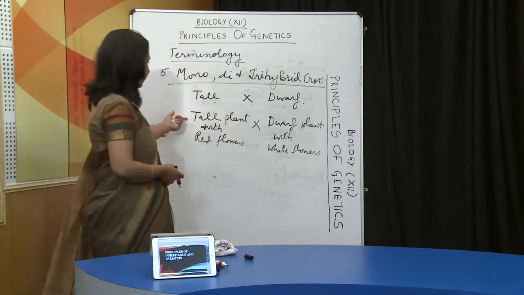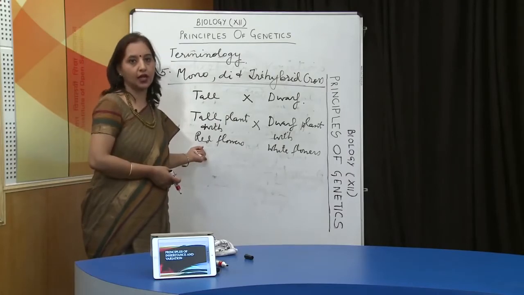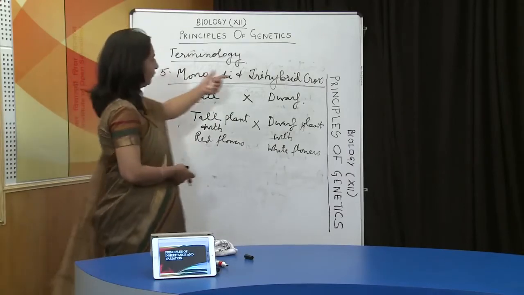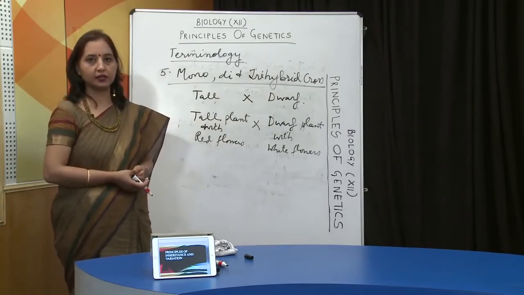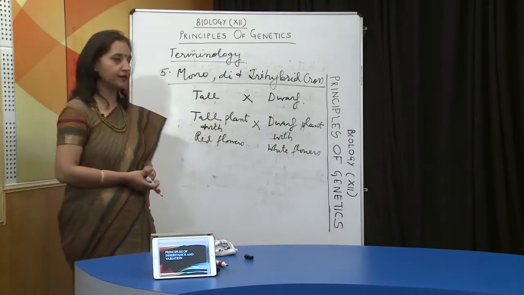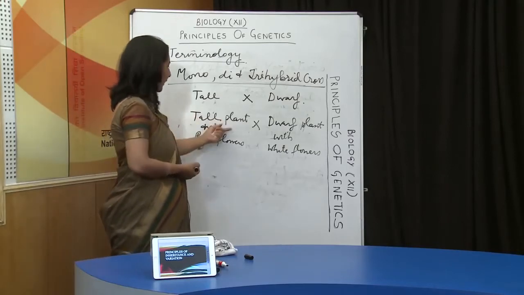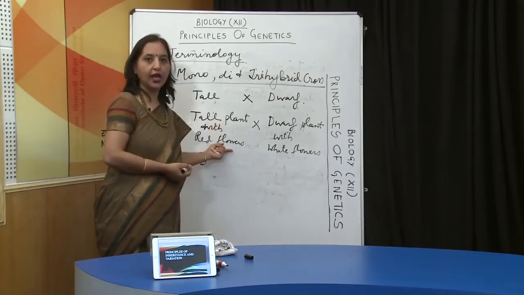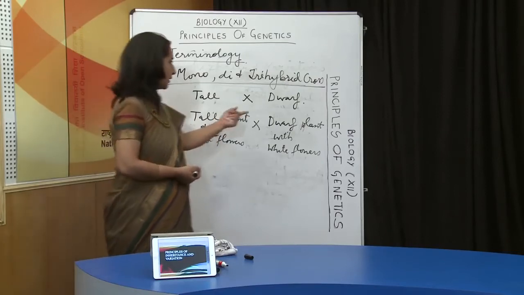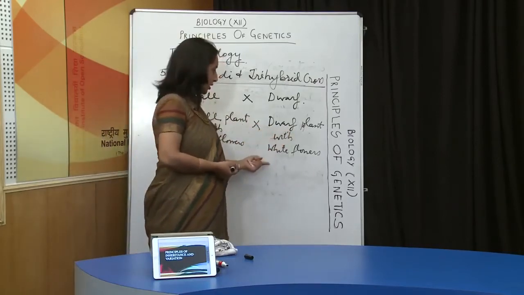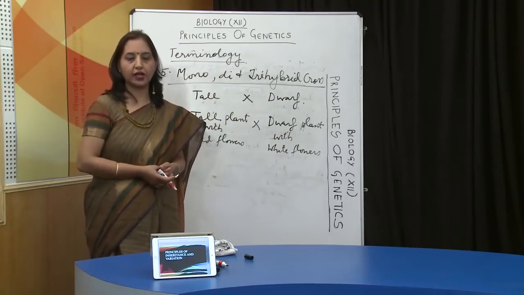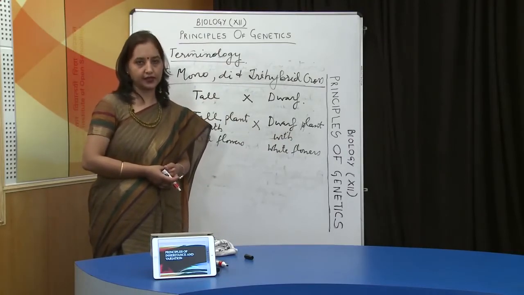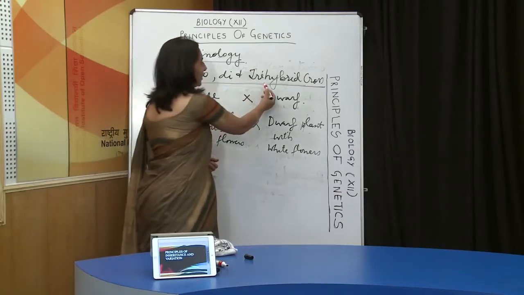One is the height of the plant and the other is the color of the flower. Similarly, for a trihybrid cross, we can have three characters taken into account at the same time. For example, a tall plant with red flowers and round seeds is crossed with a dwarf plant with white flowers and wrinkled seeds. So we have taken three characters at the same time, and that's called a trihybrid cross.